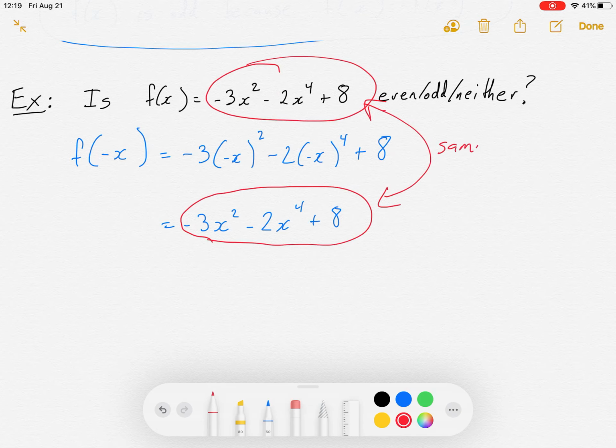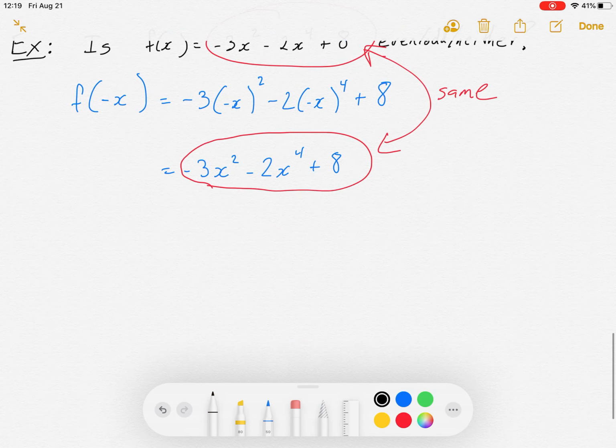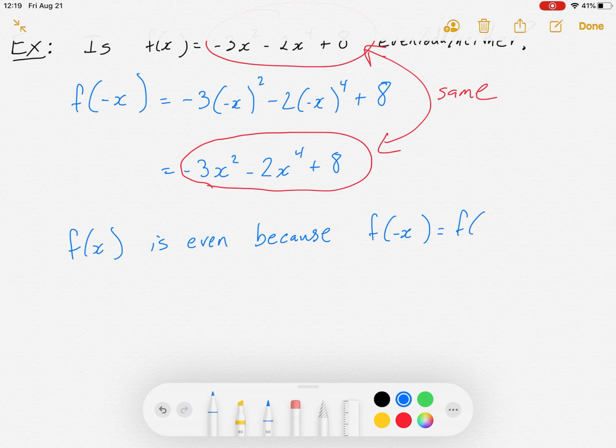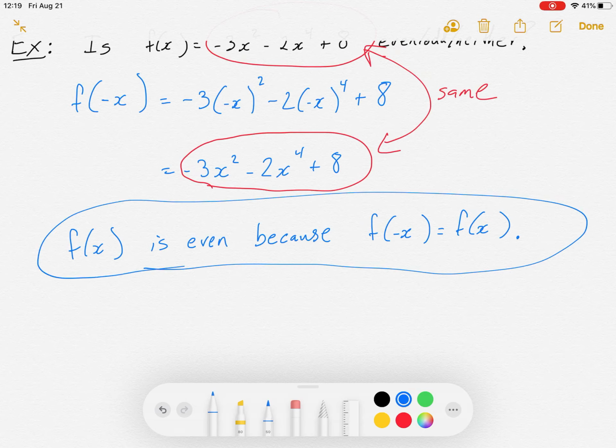Looks to me like they're the same. So then you would say f of x is even because f of negative x equals the original equation. And in the beginning we said that was the rule. If f of negative x is the same as the original, then the function is even, and so you would be done with that problem.